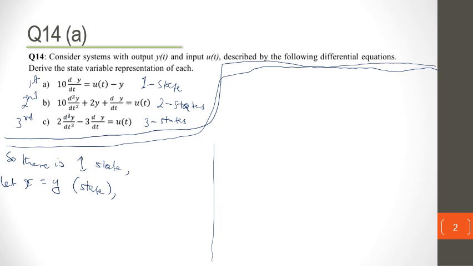Now the state differential equation can be rewritten as 10 dx/dt is equal to u minus x.